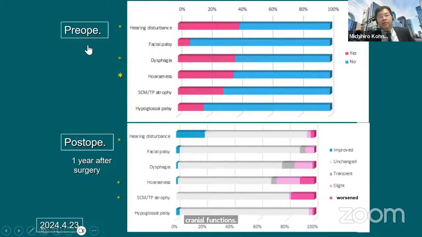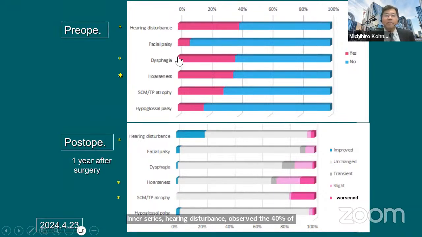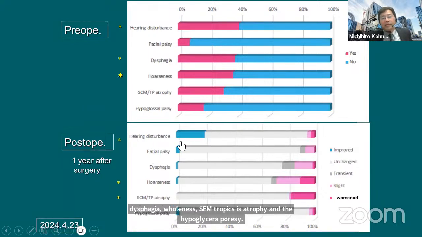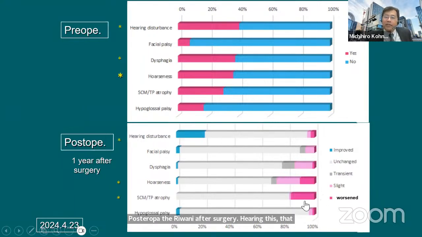In our series, preoperatively, hearing disturbance was observed in 40% of our patients, along with facial nerve palsy, dysphagia, hoarseness, SCM trapezius atrophy, and hypoglossal palsy. Postoperatively, 1 year after surgery, hearing disturbance often improves, but SCM trapezius atrophy is apparently worsened in 20% of our patients. But generally, I think it's good results.